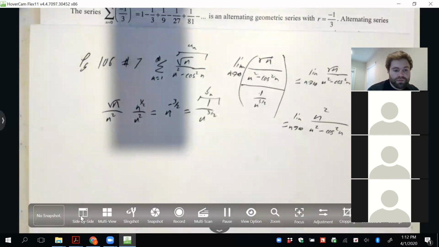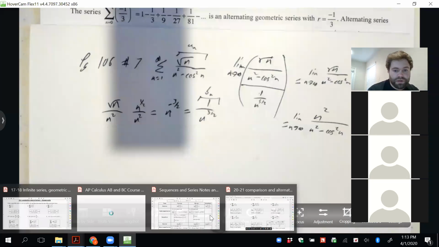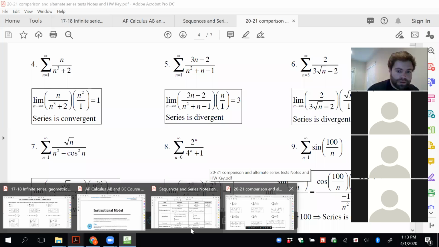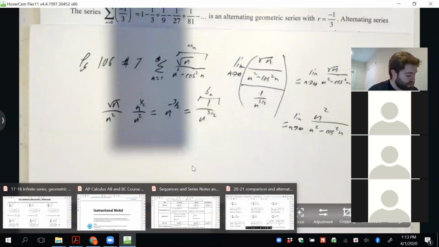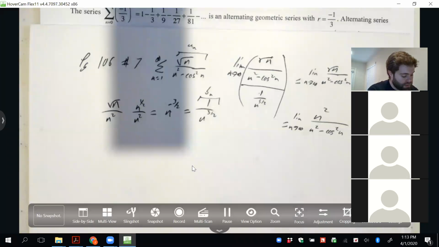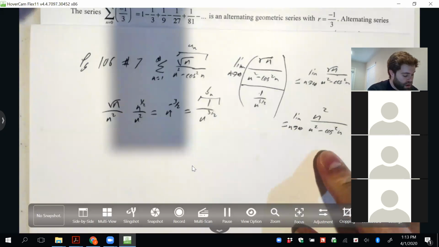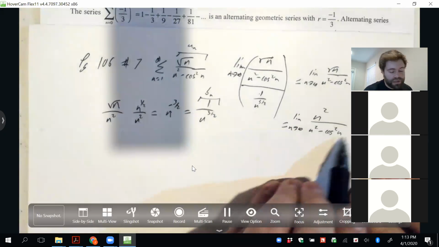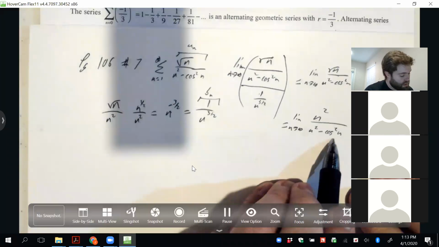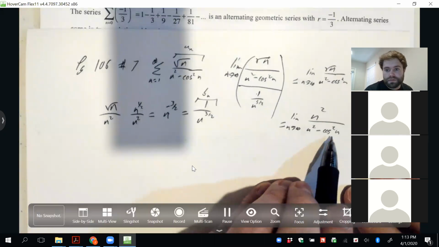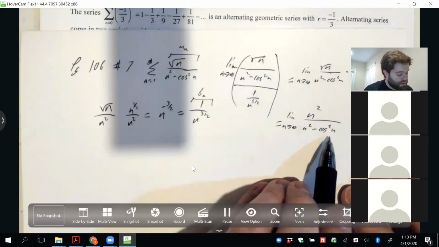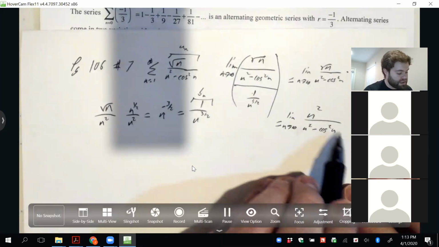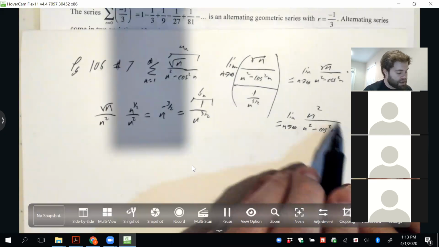And as we go off towards positive infinity, what is this going to approach? What's the biggest or smallest cosine squared of n is ever going to be? It's going to be -1 or 1, right? The smallest cosine will ever be is -1, the biggest it will ever be is +1.